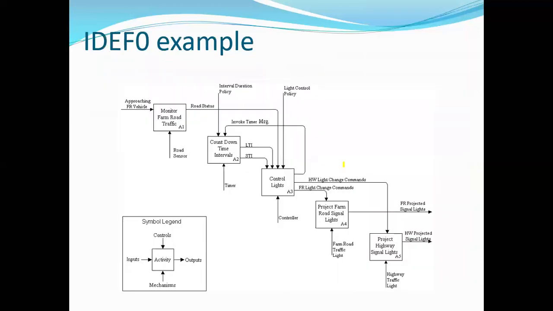It will break down into several processes like this. But this is another example where we want to describe more detail. This is an example of how the traffic light system works to overcome the traffic jam between the farm road and the highway.